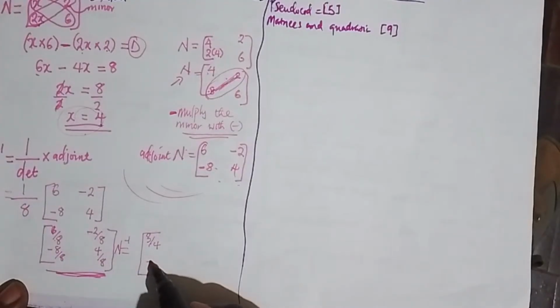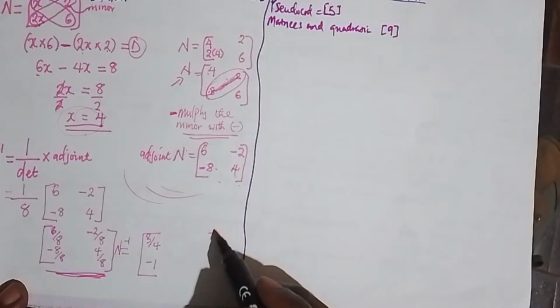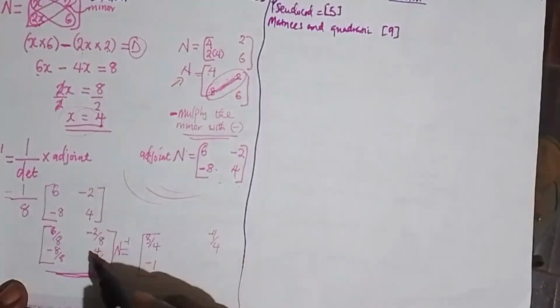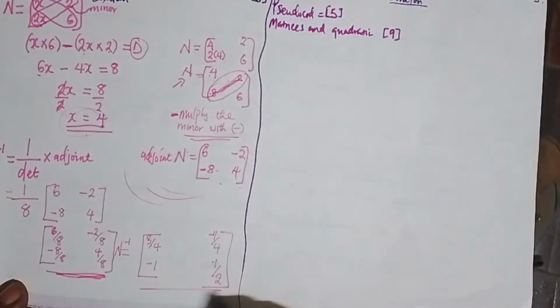Here we have negative 1, here we have negative 1 over 4, and here we have 1 over 2 as our answer.